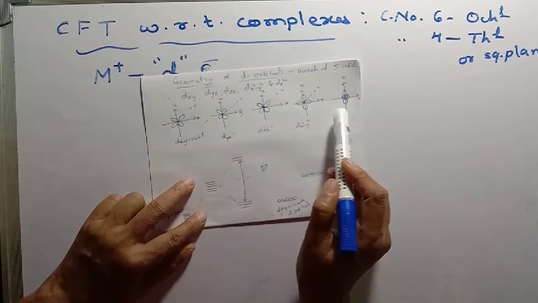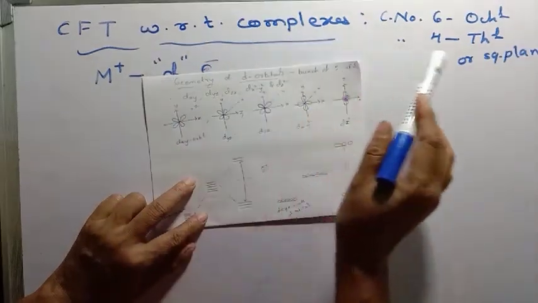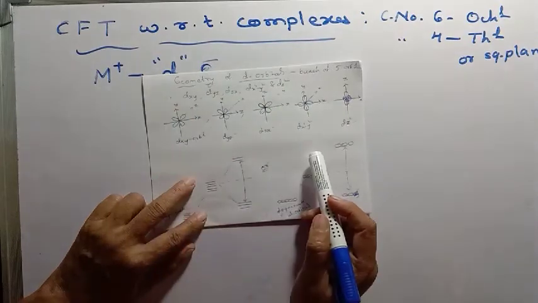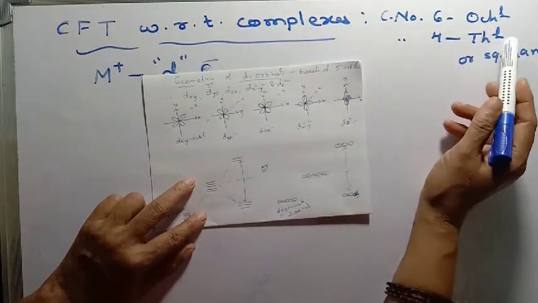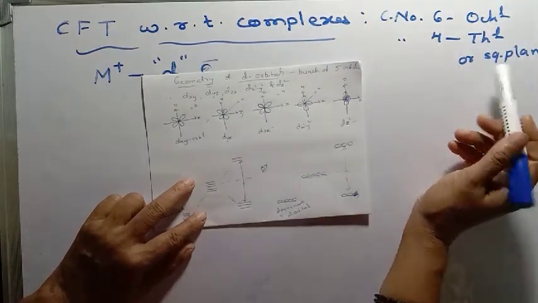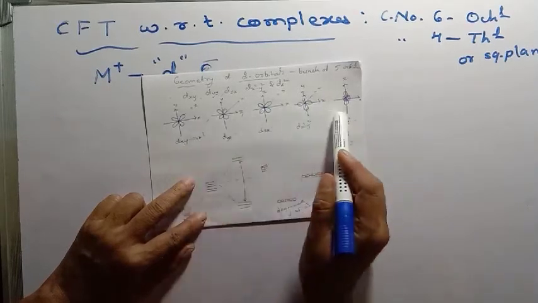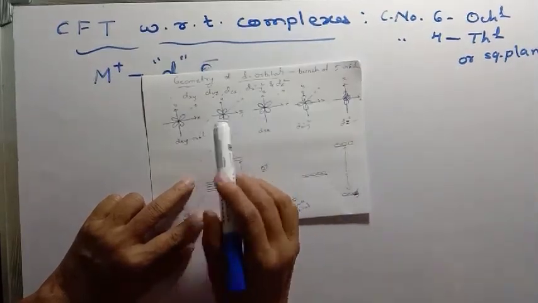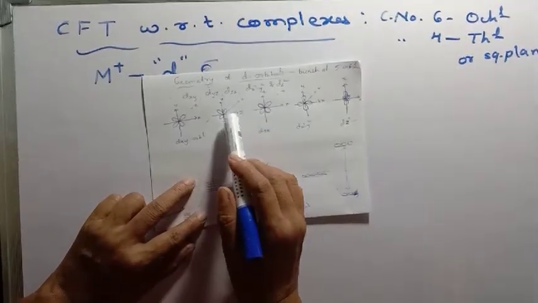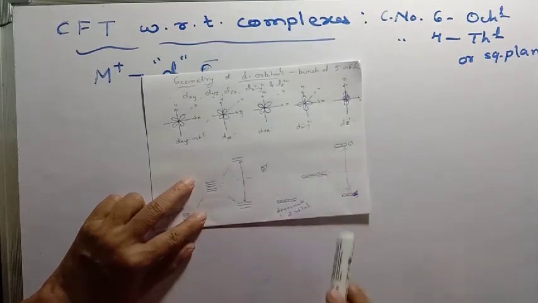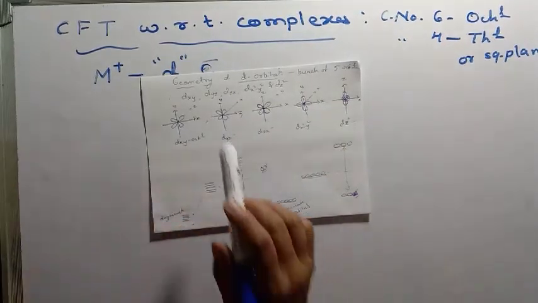This you have to remember. Before going through the discussion of CFT with respect to octahedral, tetrahedral or square planar, you should be able to imagine the orientation of these five orbitals in space. It is quite easy.